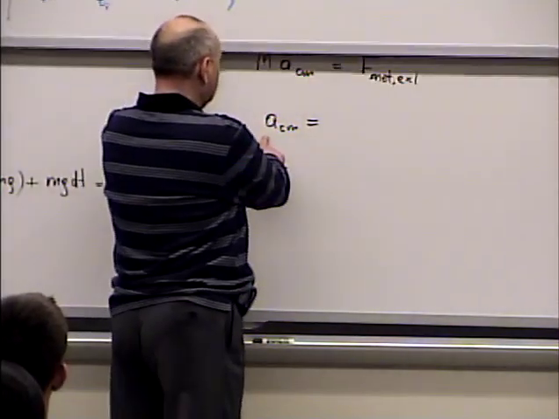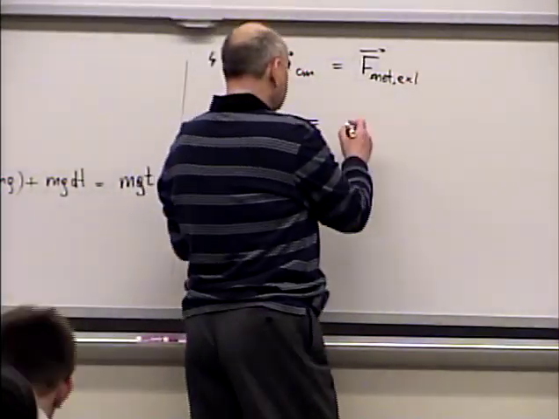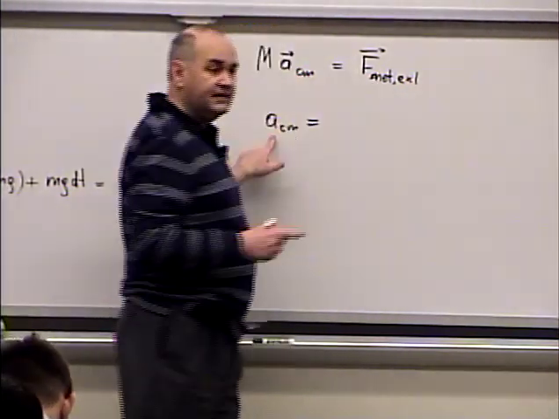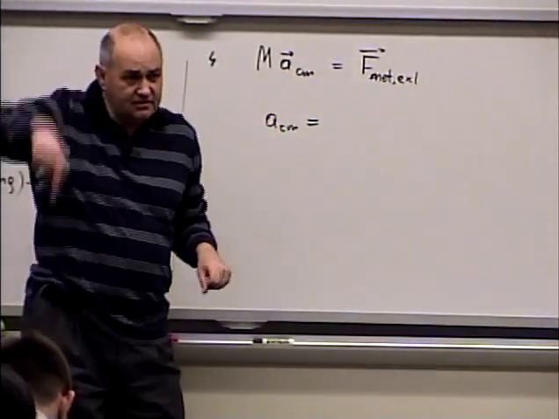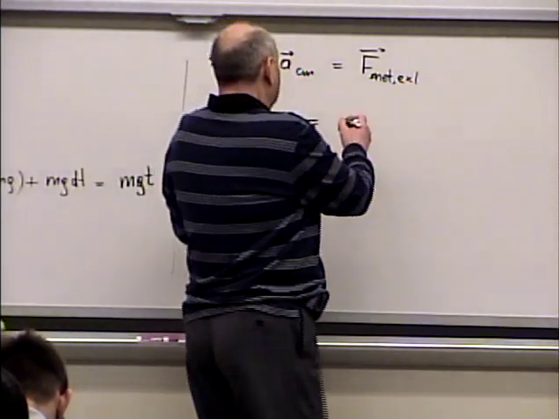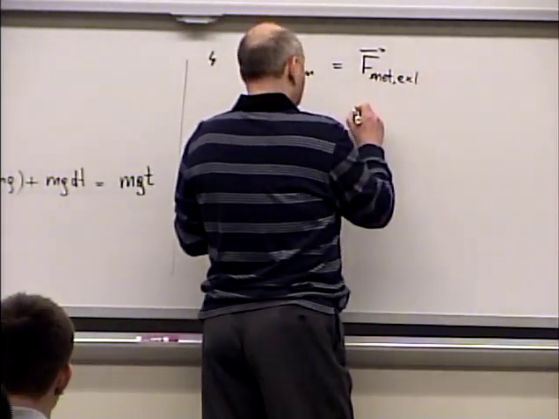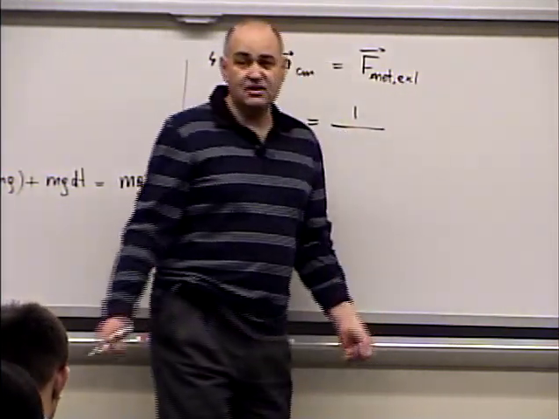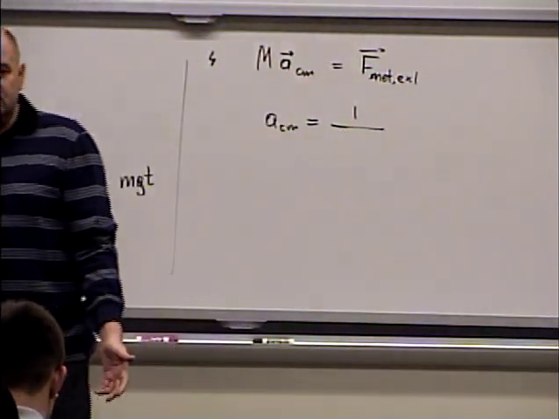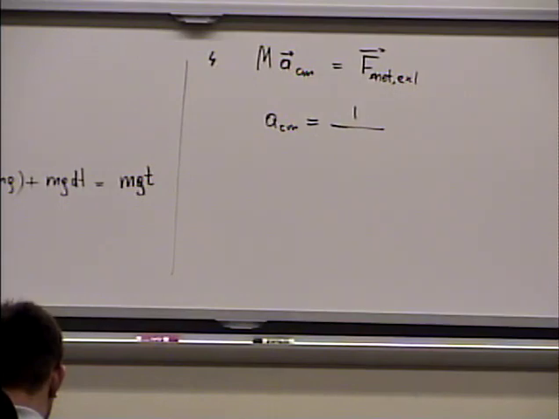So the acceleration of the center of mass, again the x component, just that vertical component down, will be 1 over the total mass of the system. What is the total mass of the system? Can you help me? 2m.